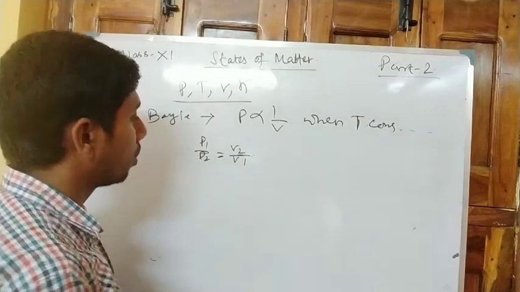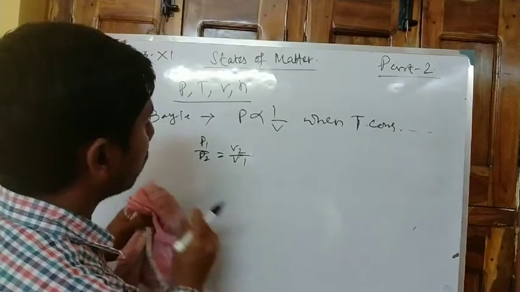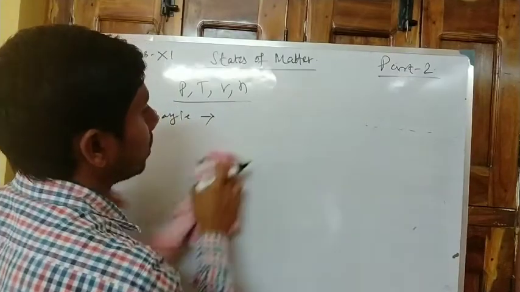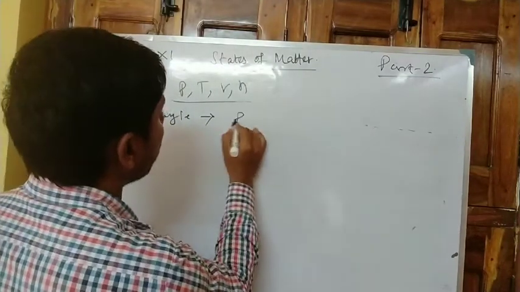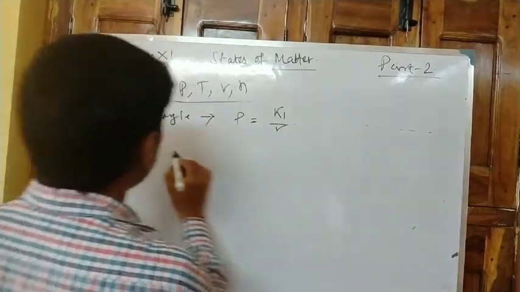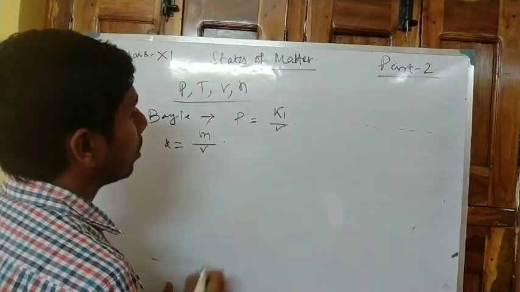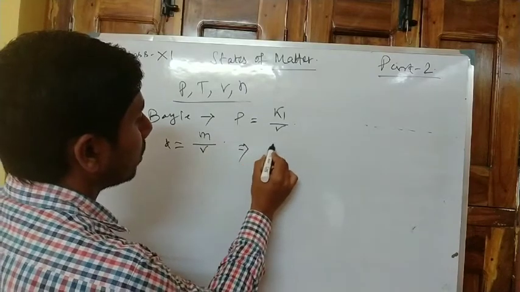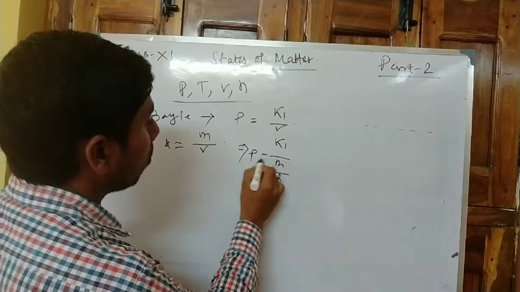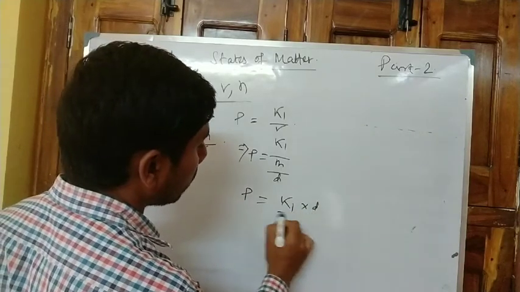Now using this formula we can easily solve some problems. From this part, P equal to K1 into 1 by V. Now if we relate d equal to m by V, then V equal to m by d, so P equal to K1 into d by m.